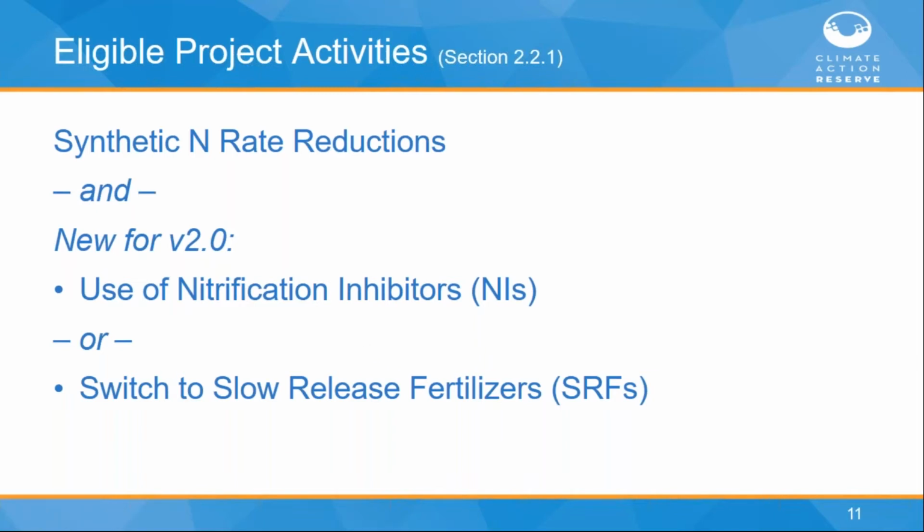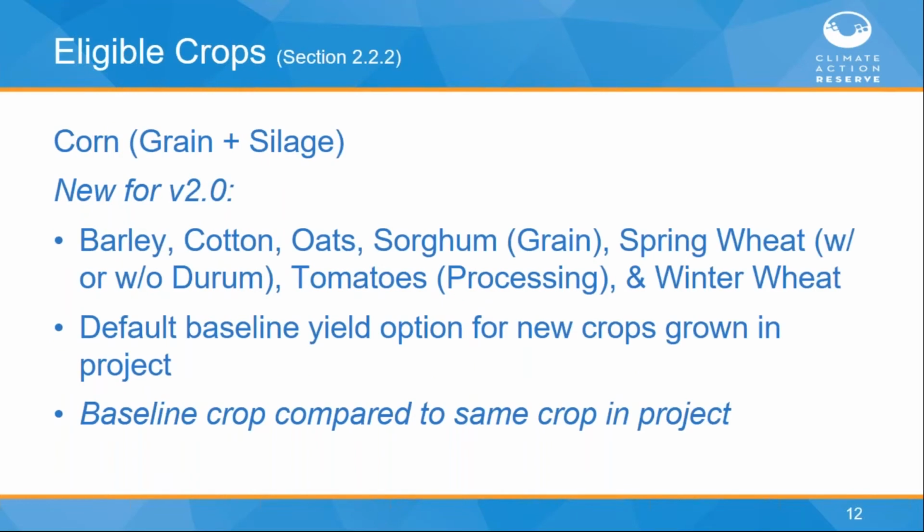They both function to delay or slow the release of the nitrogen applied via the synthetic fertilizers, so the nitrogen is available for the crop when the crop needs it and can take it up.